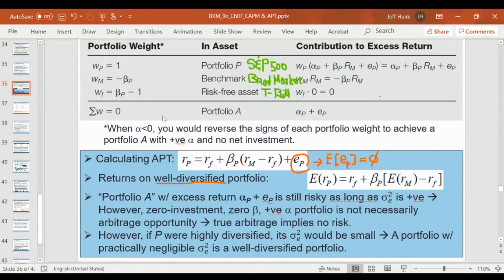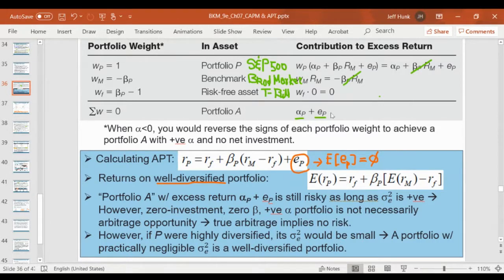If you sum all these, because it's a weighted average, these two will cancel out, so zero beta. Eventually, what you're left with is the alpha of the S&P 500 and the residual of the S&P 500, right?